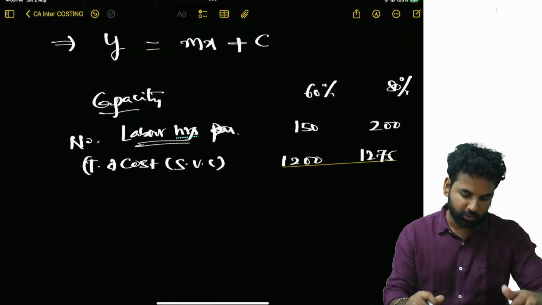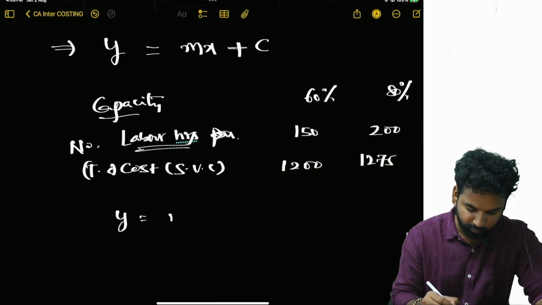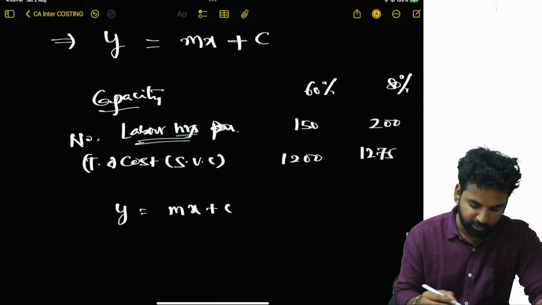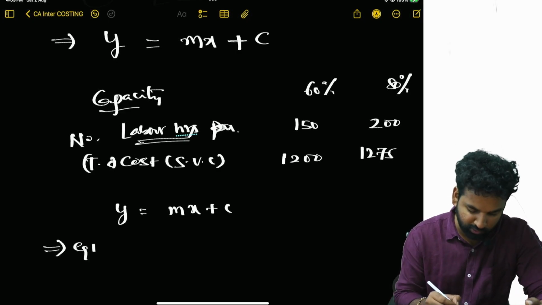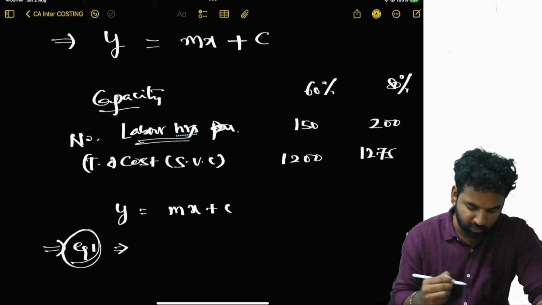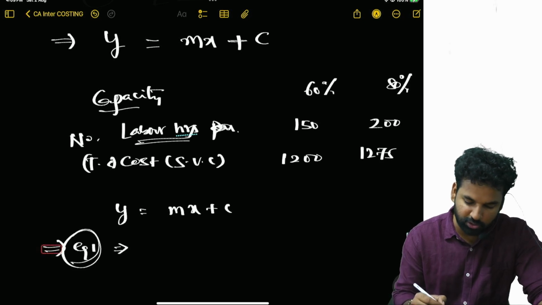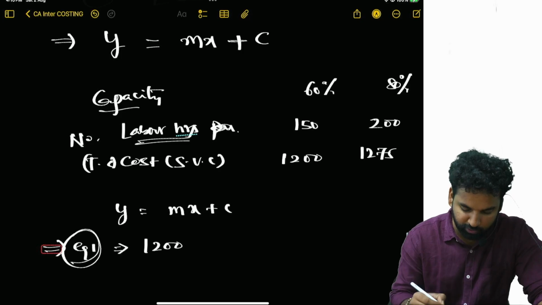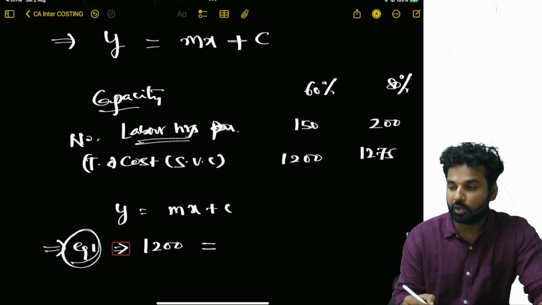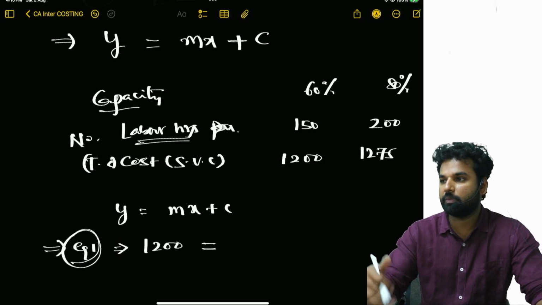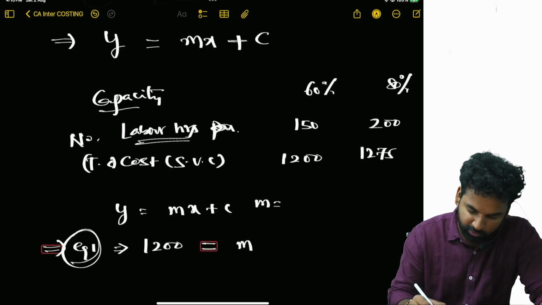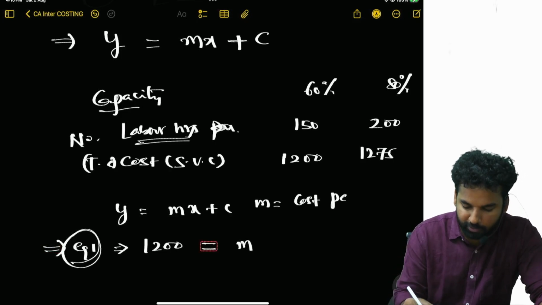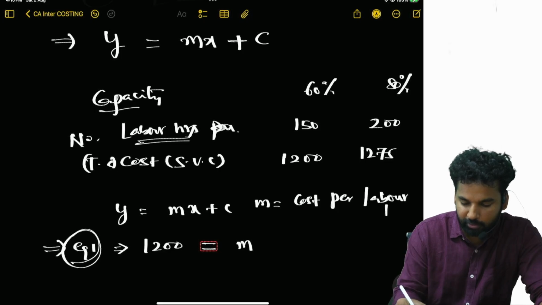Okay, right. So now the equation is Y equals mx plus c. Here we'll form two equations. Equation 1: Y means total cost, which is 1200. M is the cost per labor hour, which we don't know.